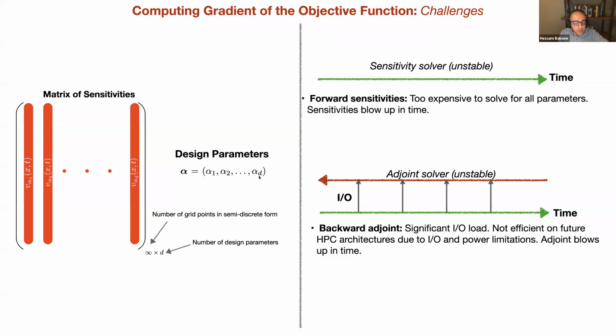You have two choices. You can either solve the sensitivity equation for each of these parameters. So that you would have to solve the forward sensitivity equation. And for chaotic systems, these sensitivities would blow up. Or you can just solve one forward equation, store the solution, and then solve the adjoint equation backward in time.